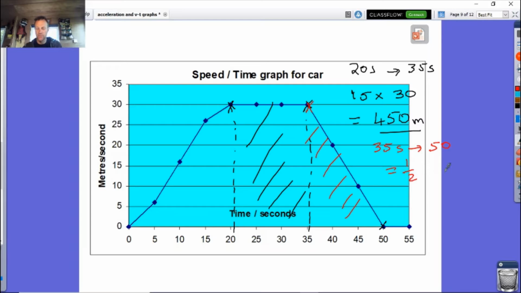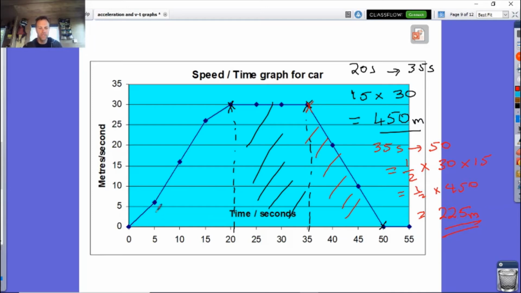So with your triangle, what you do is a half multiplied by the height, which is going to be 30, multiplied by the width, which is 15, which is going to be a half multiplied by 450, which is equal to 225 meters. So that area, the distance traveled from there to there, is going to be 225 meters.